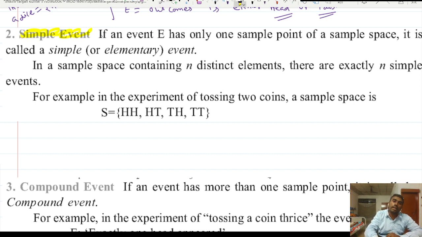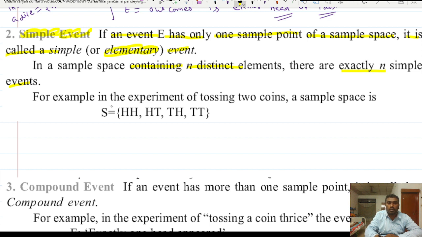So if an event E has only one sample point of the sample space, it is called a simple event or elementary event. In a sample space containing n distinct elements, there are exactly n simple events.